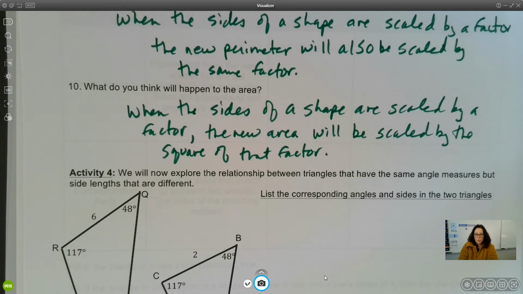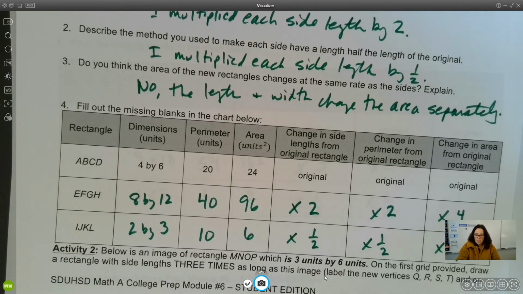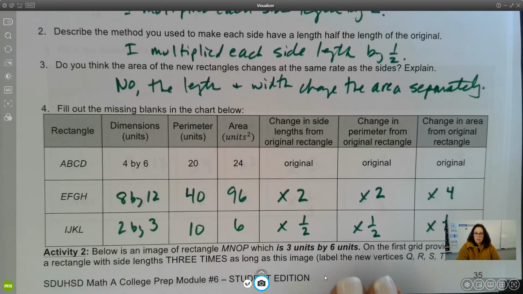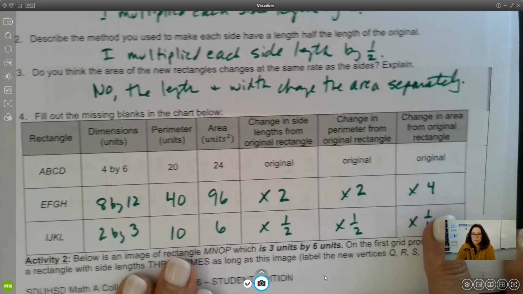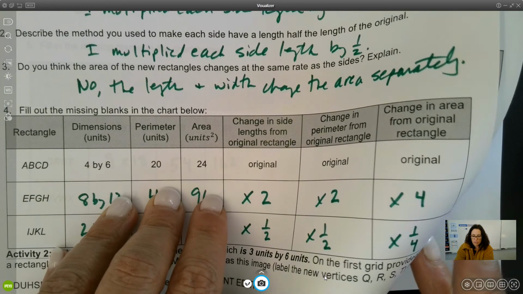Let me show you what that was when we did it earlier. When the side lengths are doubled or halved, the area is multiplied by 4 or by a fourth. So we squared these. 2 times 2 is 4. 1/2 times 1/2 is 1/4. Looking at this one.